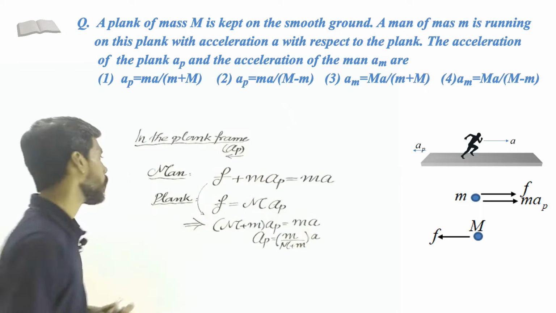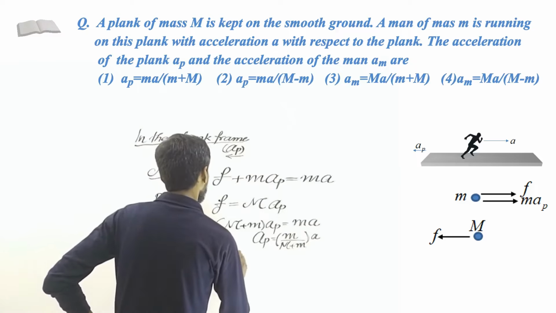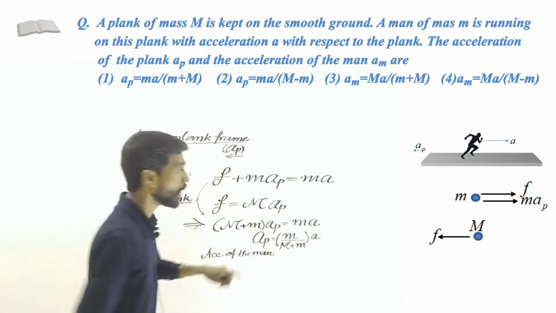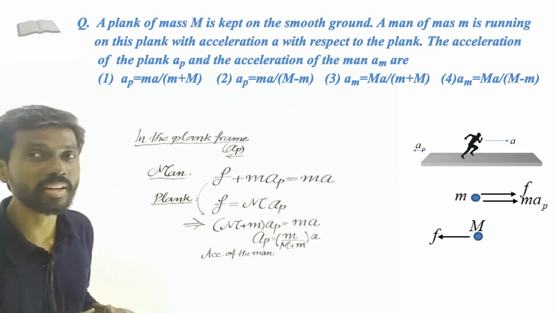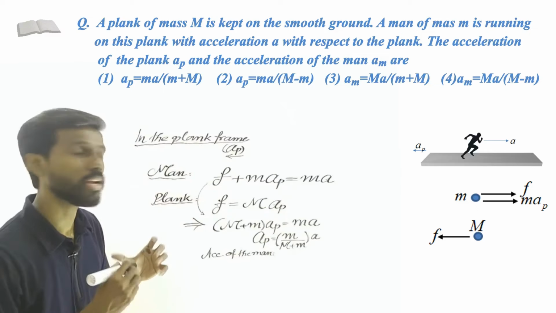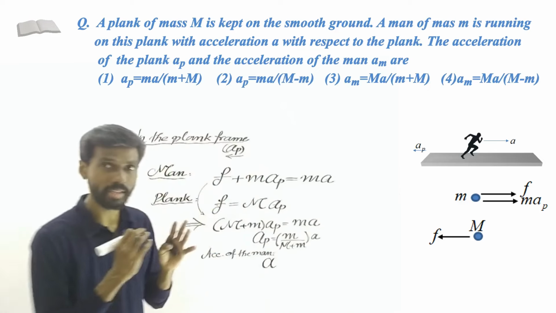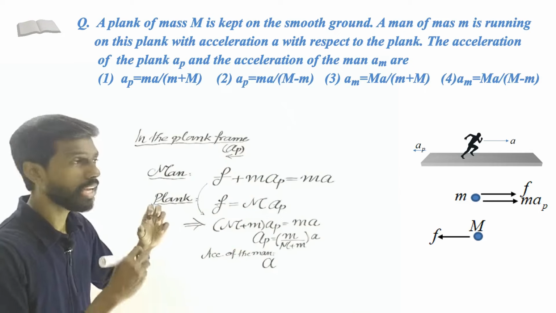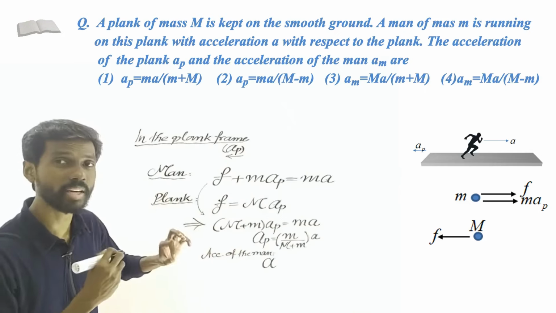Now what is the acceleration of the man? Not a, which is the acceleration with respect to the plank. Now we need the actual acceleration of the man. Now this plank is moving in the opposite direction, so due to that plank, he will have acceleration in the opposite direction, because this is only the relative acceleration.